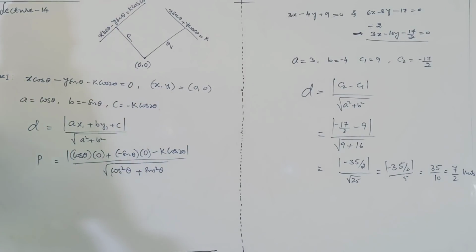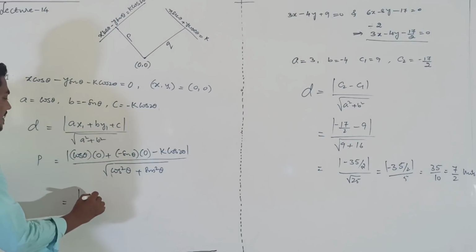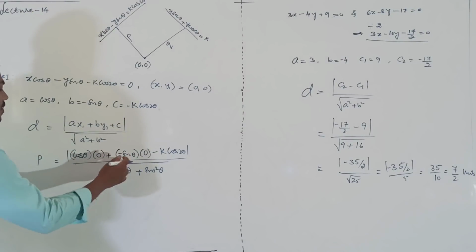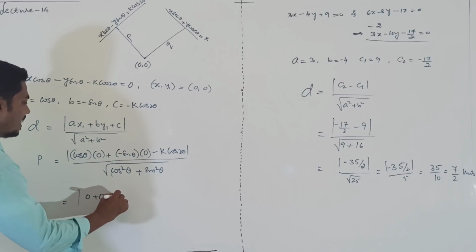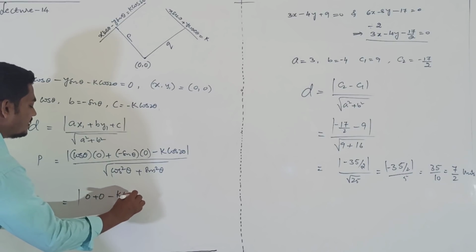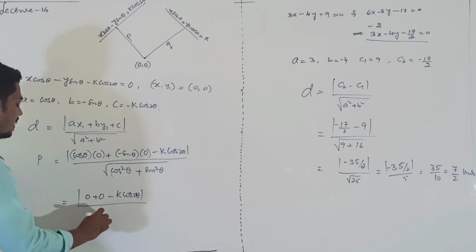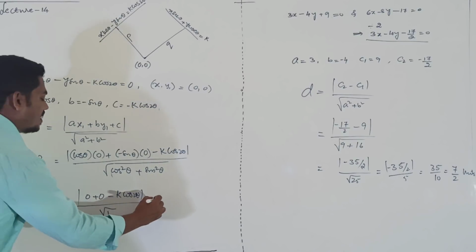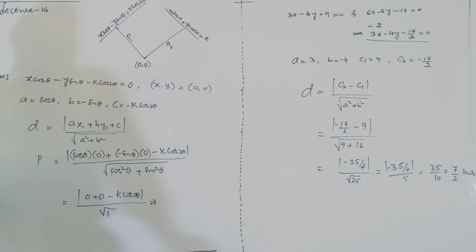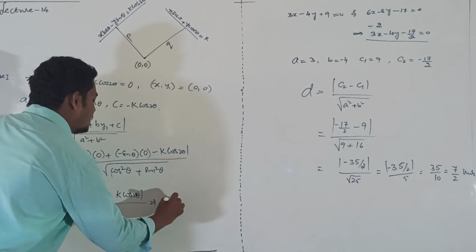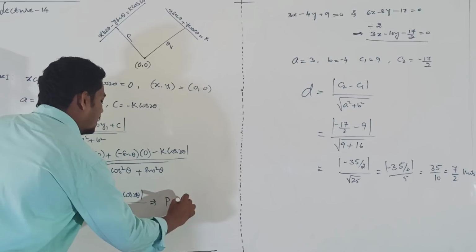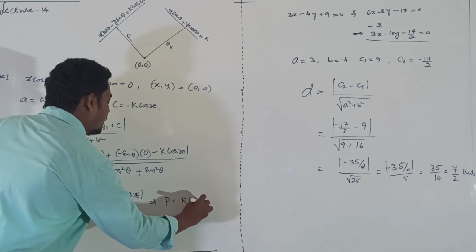Already you know sin square plus cos square is equal to 1. That's equal to modulus of 0 into cos theta is 0, plus 0 into minus sin theta is 0, minus k into cos 2 theta, divided by square root of 1. Square root of 1 means 1 only, so p is equal to k cos 2 theta.